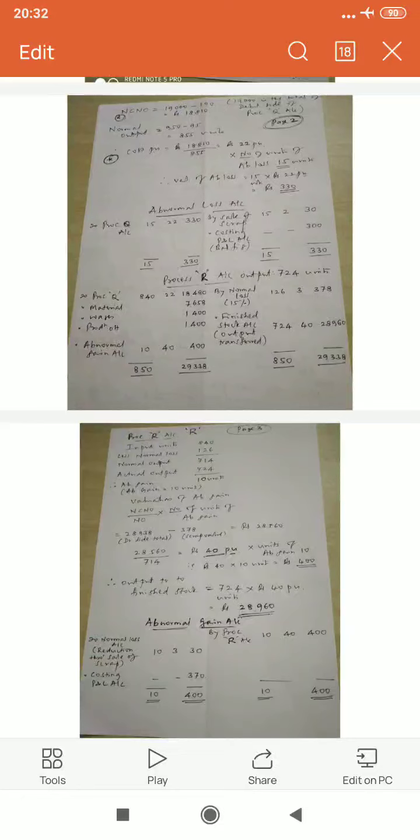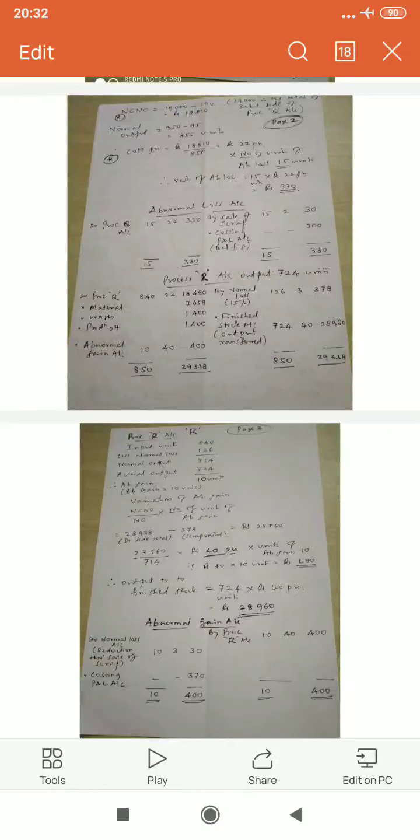Thus 950 units are transferred to process Q account, that is the next process account, and accordingly in process P account you write it as by process Q account 950 units worth rupees 9975. Now you total both debit and credit side of the ledger account, that is your process P account.